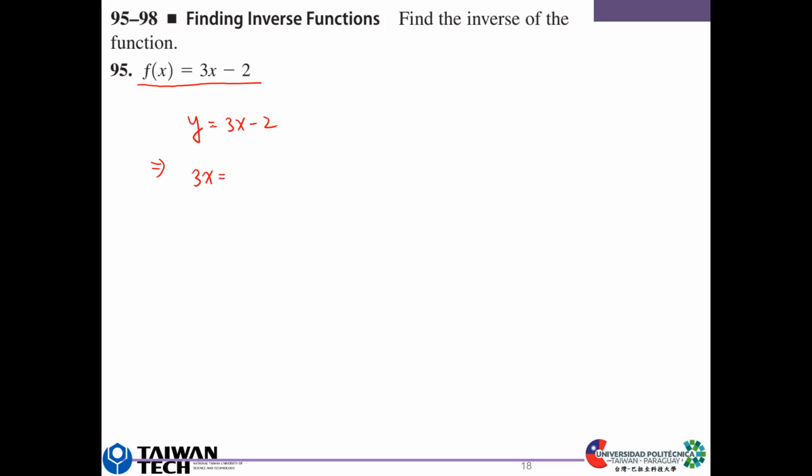So you have 3x equals y plus 2, and then x equals y plus 2 over 3. This is the first step, and the second step is switch x and y. So y equals x plus 2 over 3. And this is the inverse function of f of x.